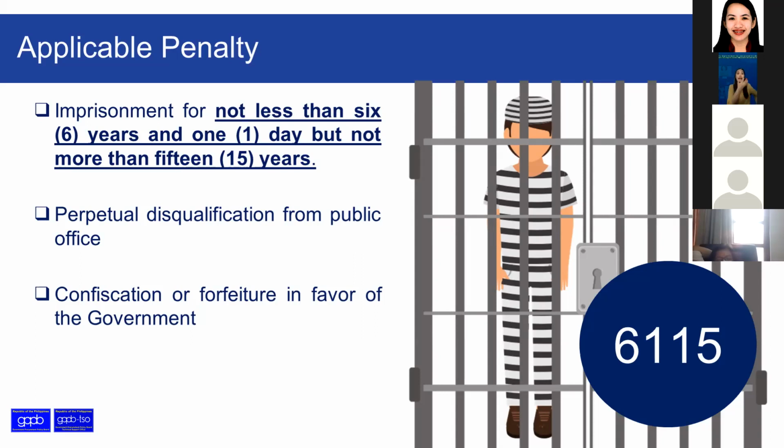No? Not only that, confiscation, of course, or forfeiture in favor of the government. So, pasok pa rin yung confiscation or forfeiture in favor of the government under RA 3019 sa any prohibited interest and unexplained wealth. So, paano nila i-determine na unexplained yan? Based yan sa sweldo mo. Based yan sa declared income mo. Kahit maliit ang sweldo mo, pero marami kang racket.